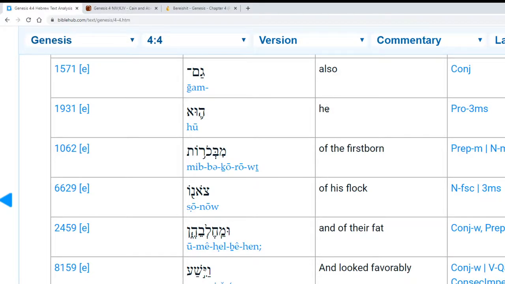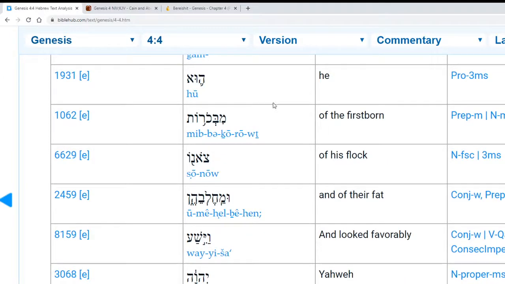It's written in the same way with the vav, which can get confusing. In the consonantal text of the Bible, he and she get written in the same way, but hi means she. Okay, so a little sing song there from my days back in Hebrew school.